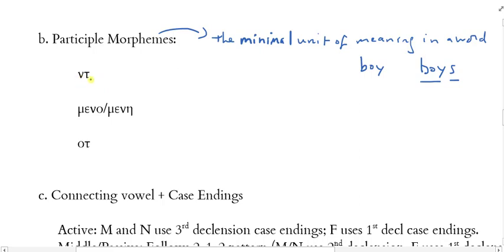Nu Tau, NT, think New Testament, okay? That's one of the participle morphemes that we're going to learn. Omicron Tau, OT, think Old Testament, okay? Now, Nu Tau and Omicron Tau, these are active morphemes.